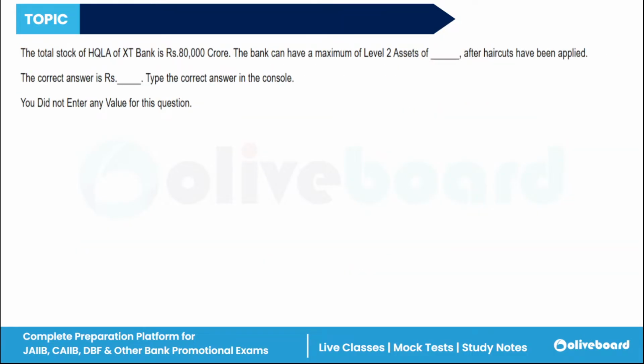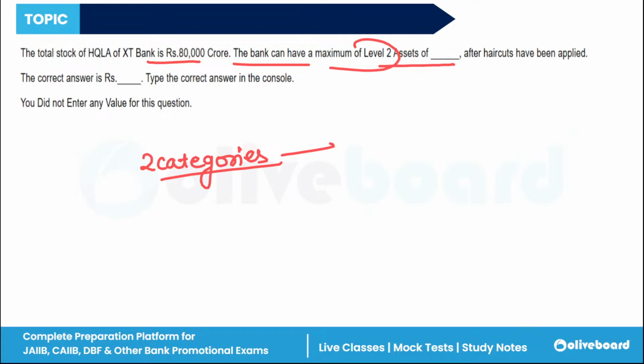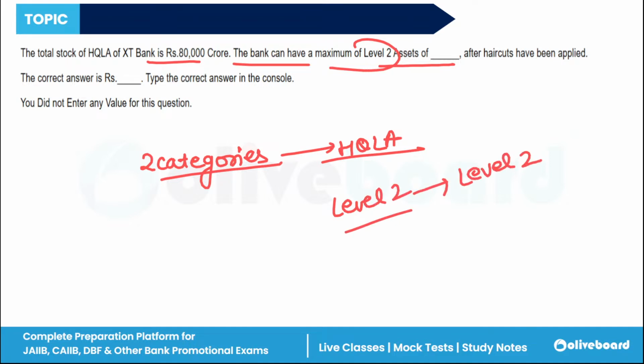Now here, total HQLA is given. The bank has maximum Level 2A assets after all the haircut applied. See, there are two categories of the HQLA. Level 1, which is highly liquid, includes all the cash and the cash equivalents, but Level 2 has Level 2A or Level 2B.